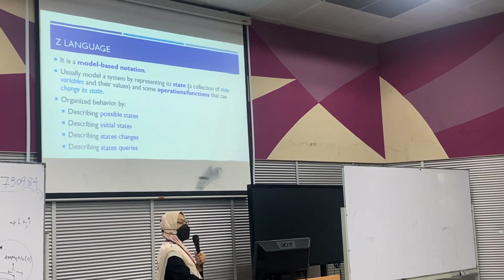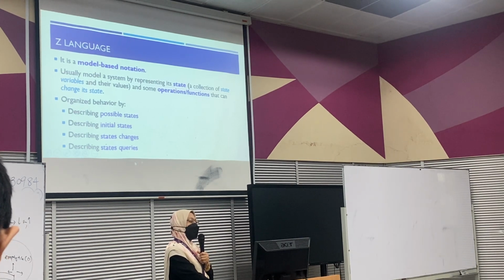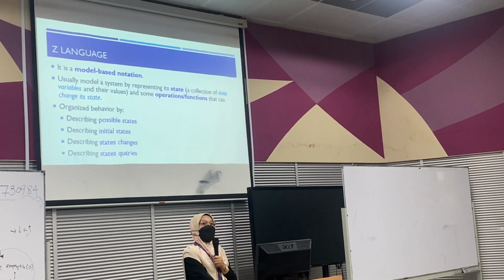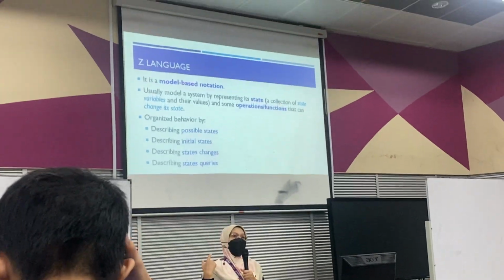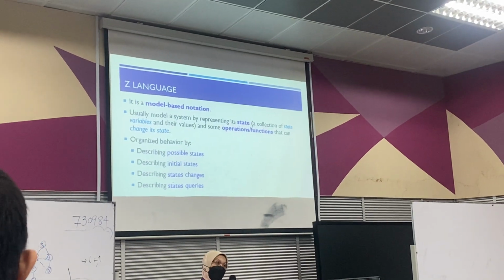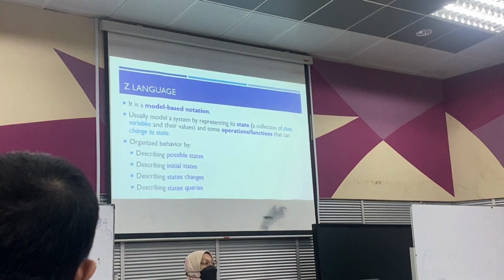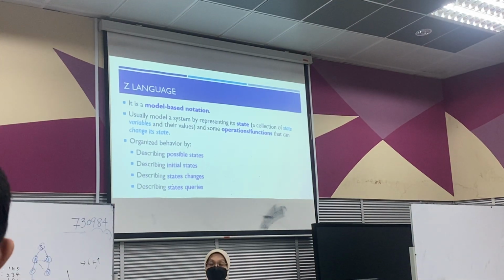Okay, so when we talk about state, you are going to look at a few states later, where you are going to have what we call the initial state. We call it the state space schema. We have also operation states, okay. We have also query states, okay. And then later after that, you are going to have error schema states.